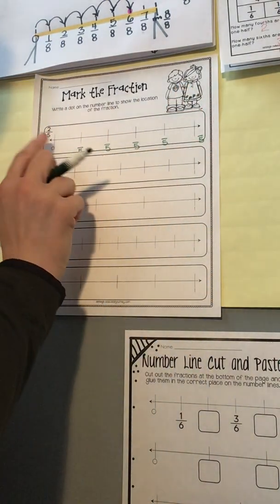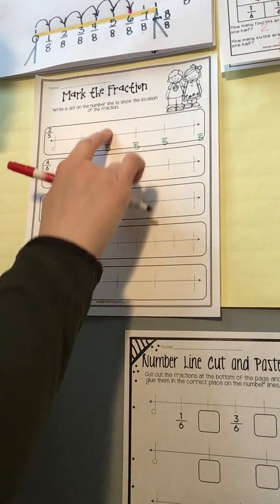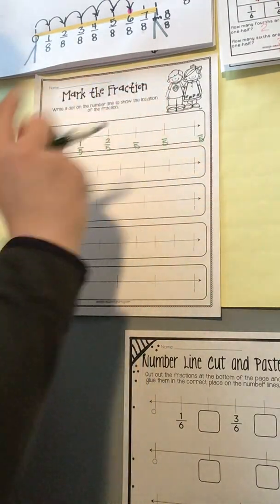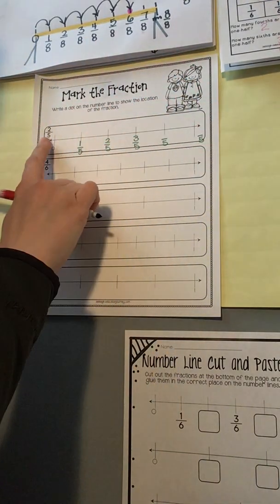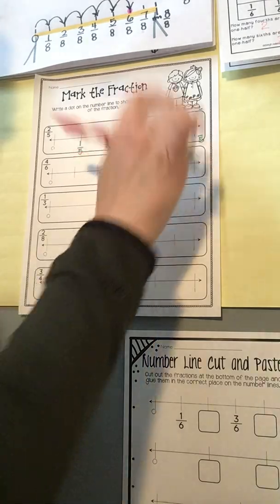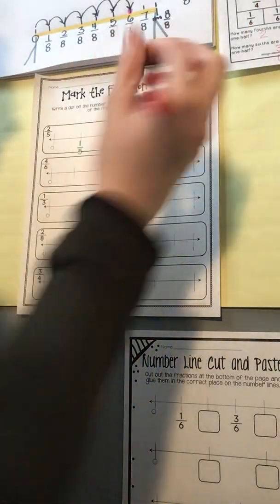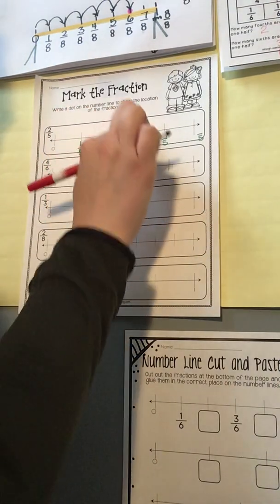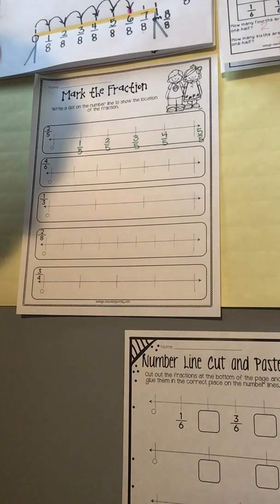Okay, so remember, 1 fifth, 2 fifths, 3 fifths, 4 fifths. And remember with the 1 whole, how we would do it? 1, 2, 3, 4, 5. 5 fifths is 1 whole.